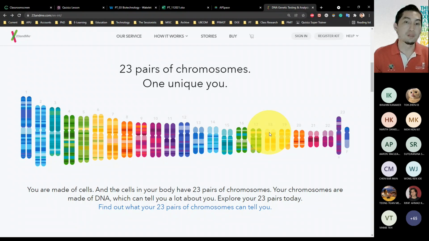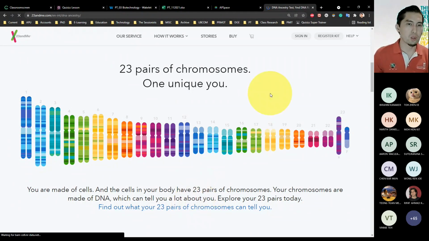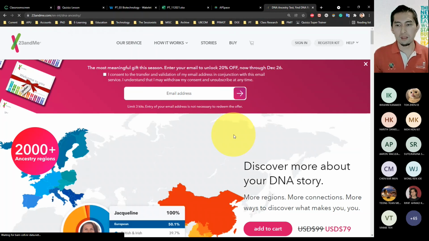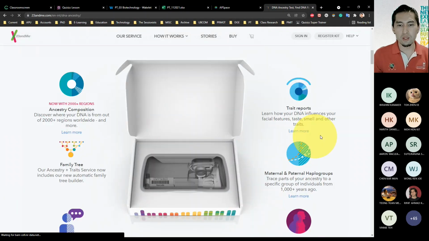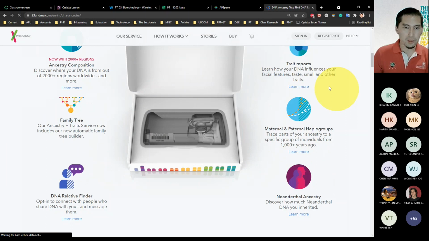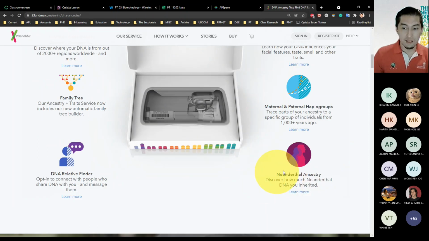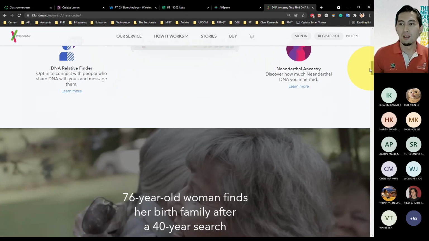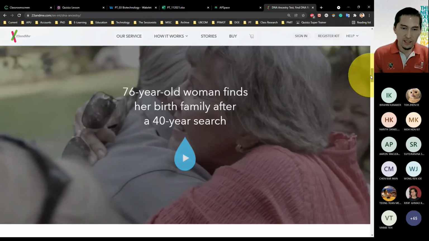They explain a lot of things. As written here, find out what the 23 pairs of chromosomes can tell you: trait reports, family tree, DNA relative finder, maternal and paternal groupings, Neanderthal ancestry. That's how far they can go back to see which line you originated from.